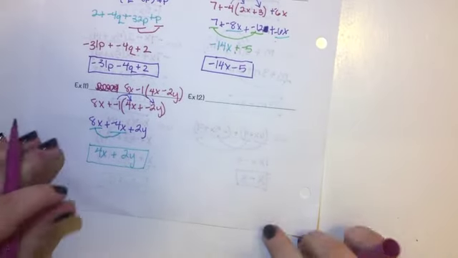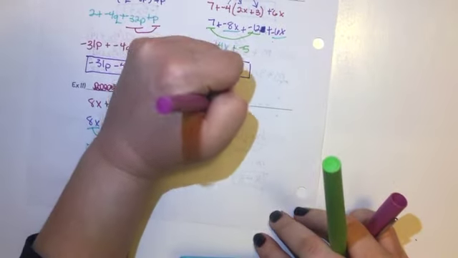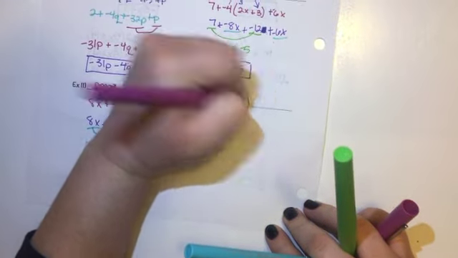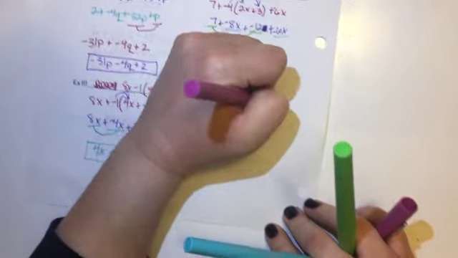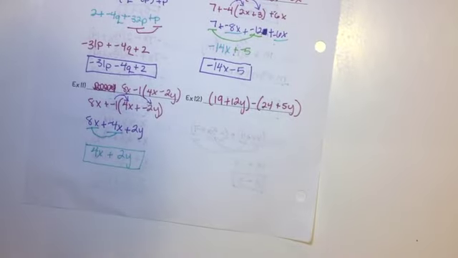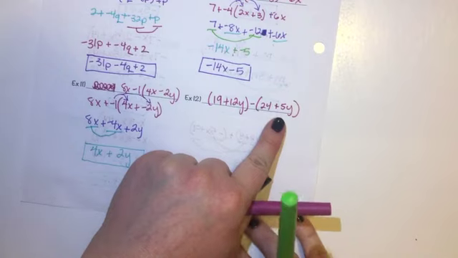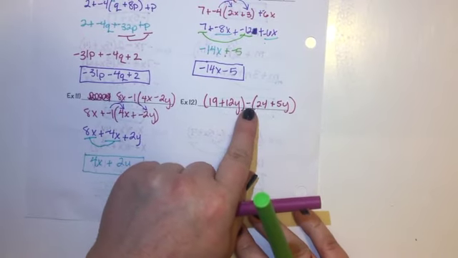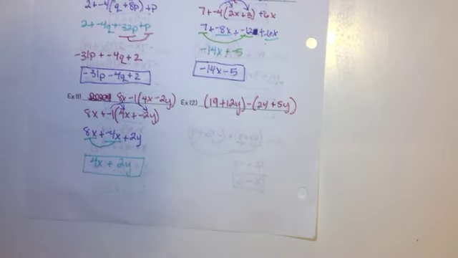All right, and last but not least, example 12, we're going to have 19 plus 12y minus the expression 24 plus 5y. All right, now again, since we're subtracting one expression from another expression, we can rewrite this and get rid of the subtraction by adding a negative 1 here.